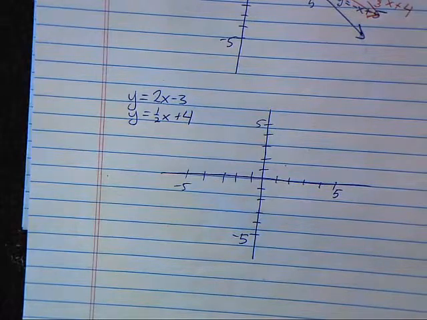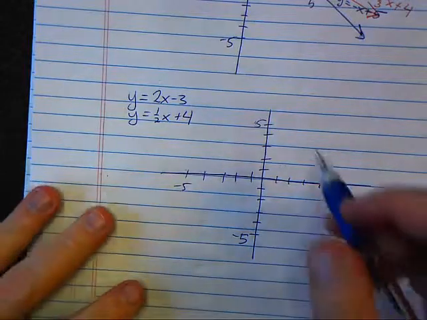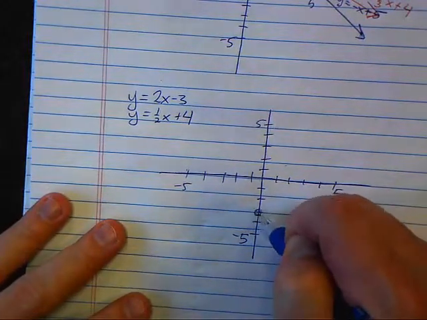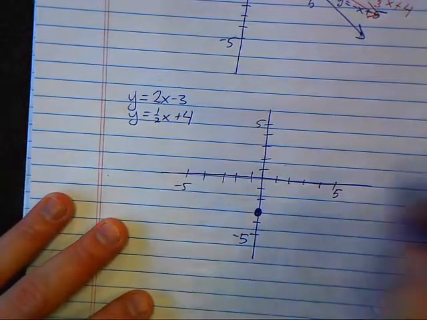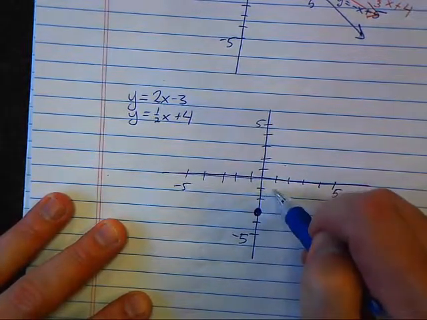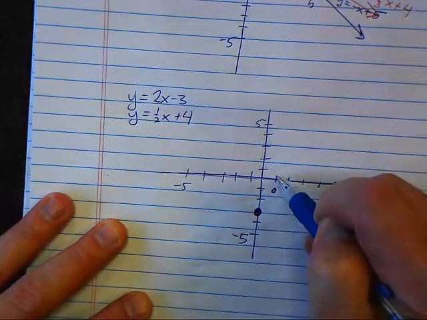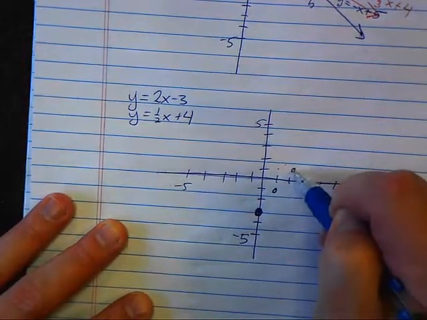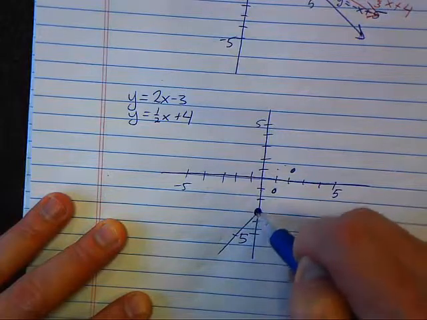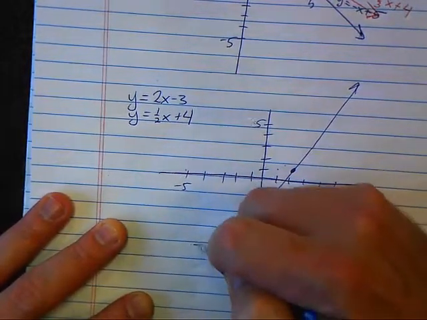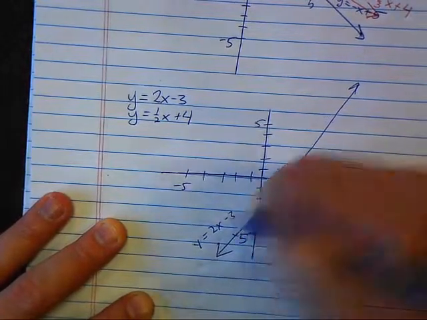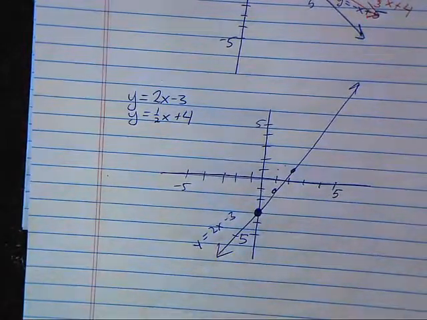Y equals 2x minus 3. How would you graph that one? The y-intercept is 0, negative 3. And then we're going to go up 2 over 1. Up 2 over 1. Okay.